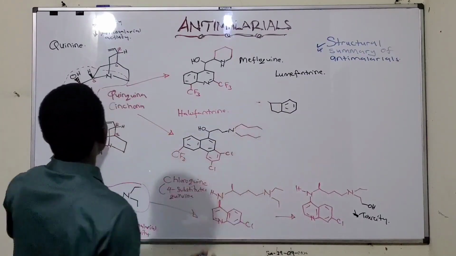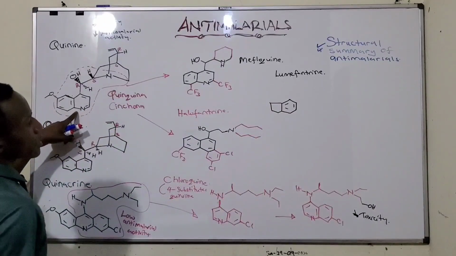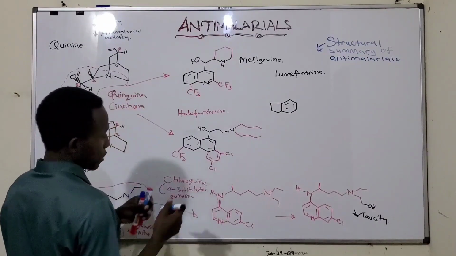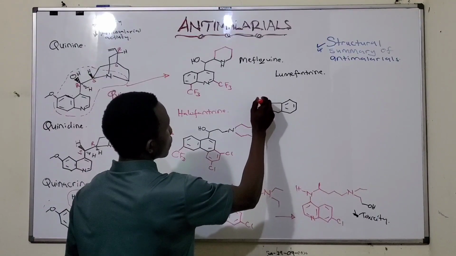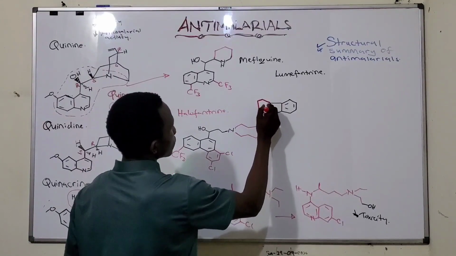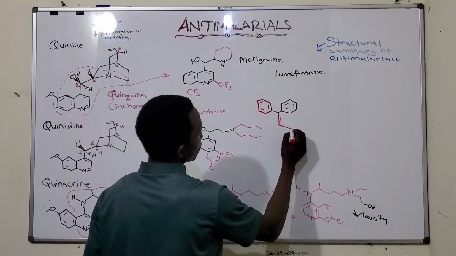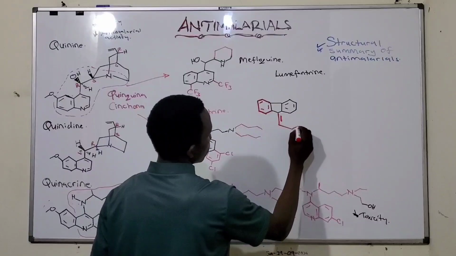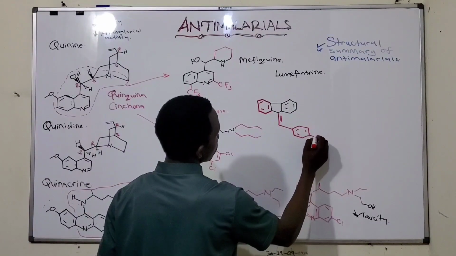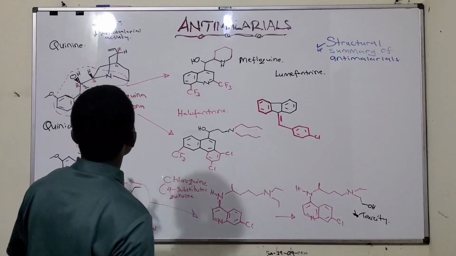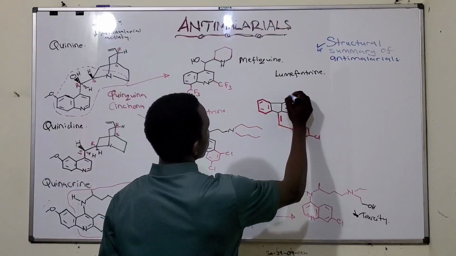So this ring, the quinoline ring, was made into this ring. Now here, added another ring like this. Then here, with a chlorine. Now up here, we have same groups.